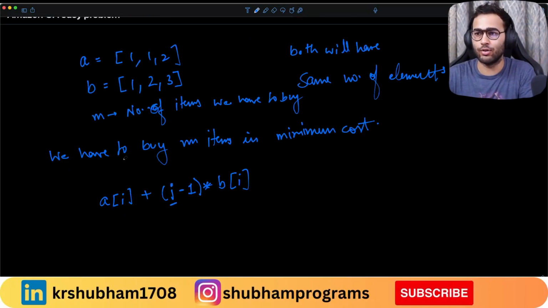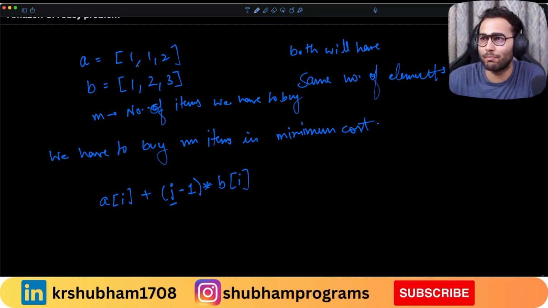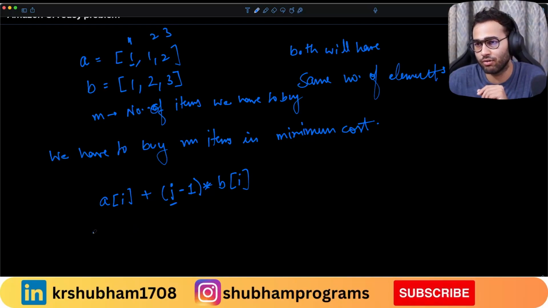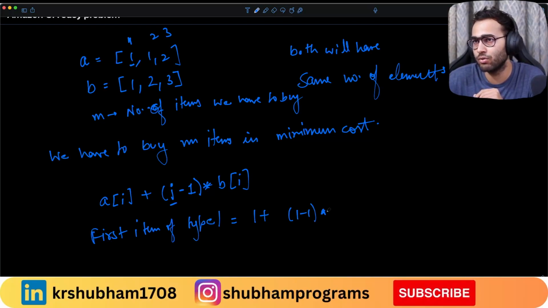Okay, so let's say we are buying an item of type 1. Let's say the indexing is 1, 2, 3 and we are buying an item of type 1, that will be the first item of type 1. So the first item of type 1 will be 1 plus (1 minus 1) into B of 1, which is 1, so it will be 1.